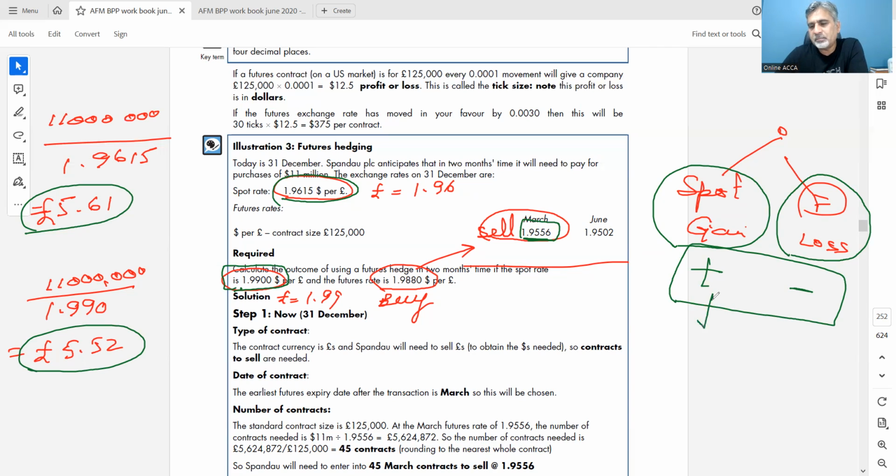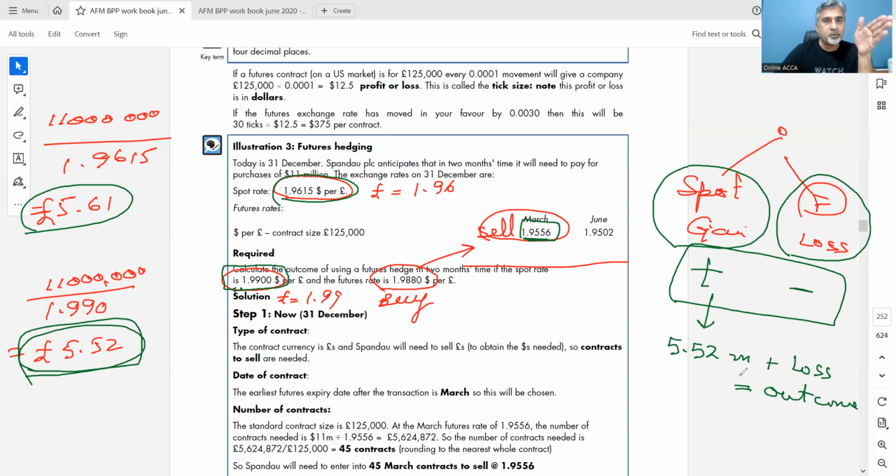You will write down this money, 5.52 million, plus your loss here. And that together will be called your outcome. I'm just adding the net amount, 5.52 million. This is what I actually would pay to get $11 million, plus I have some loss on my future.